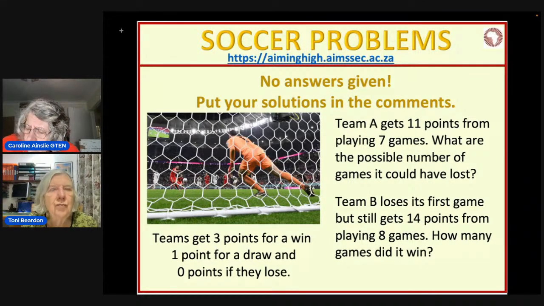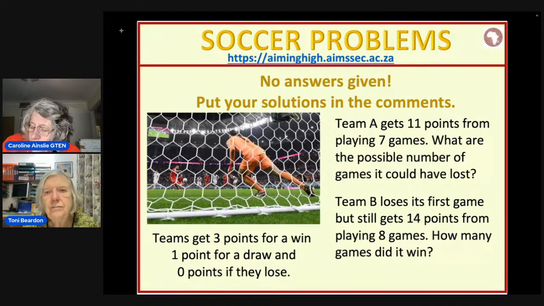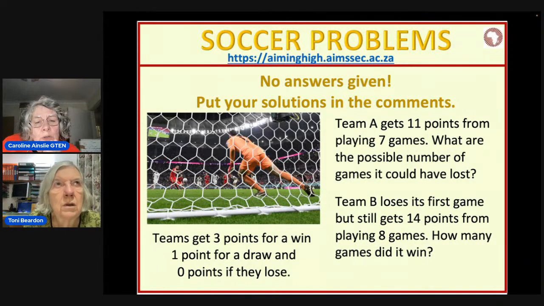Sorry, so they get 3 points if they win, 2 points for a draw, and no points if they lose. Oh, and it says it underneath the picture. Of course it does. So no points if they lose, and they're getting 11 points. And the question is, what are the possible numbers of games it could have lost?